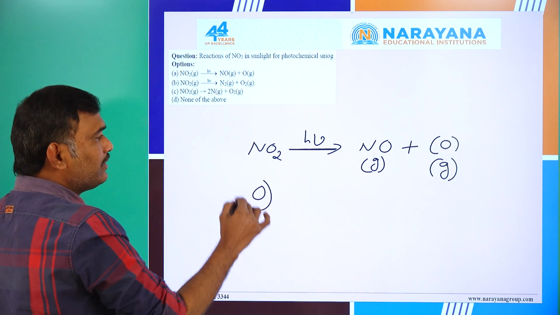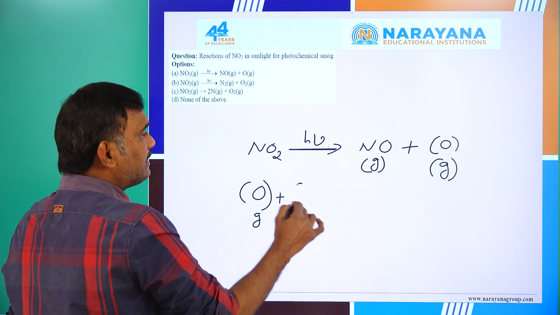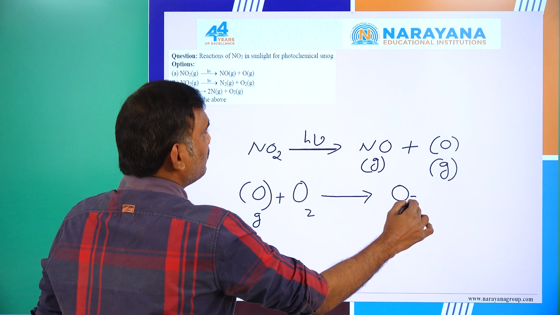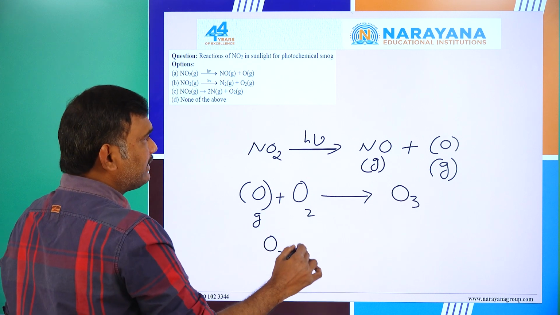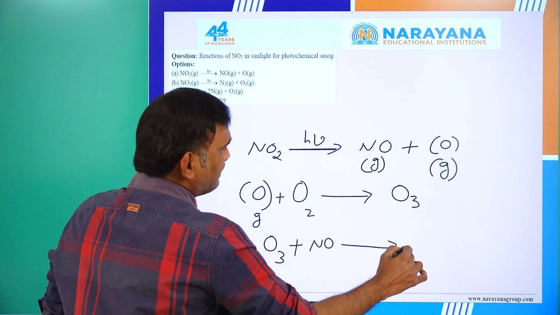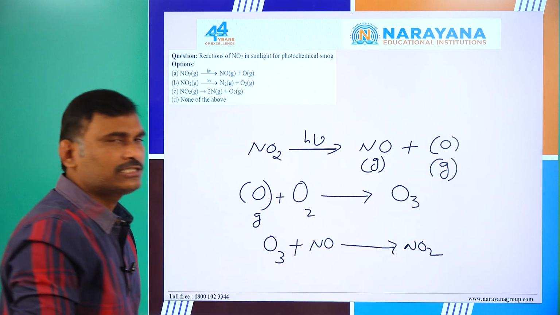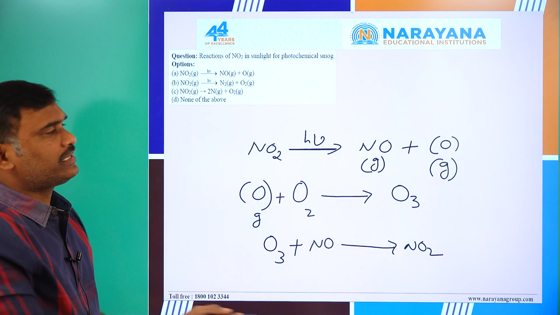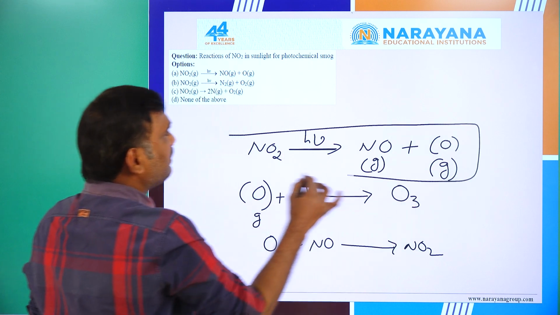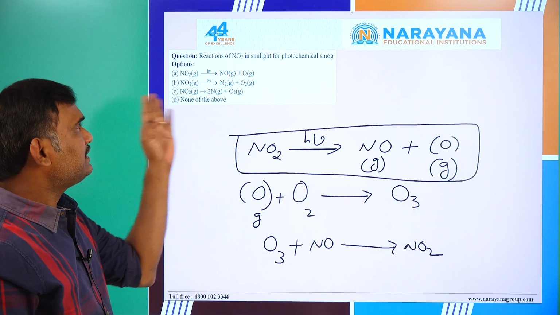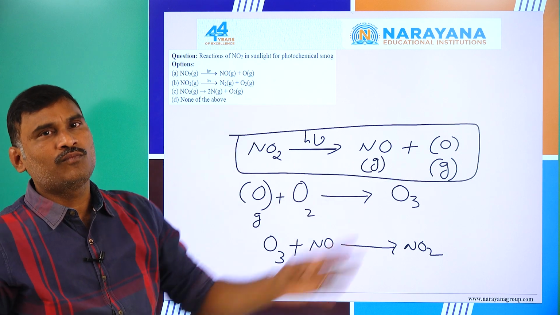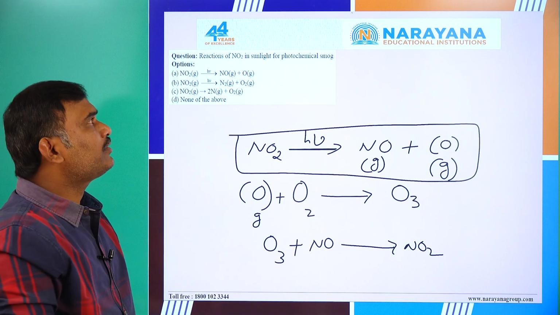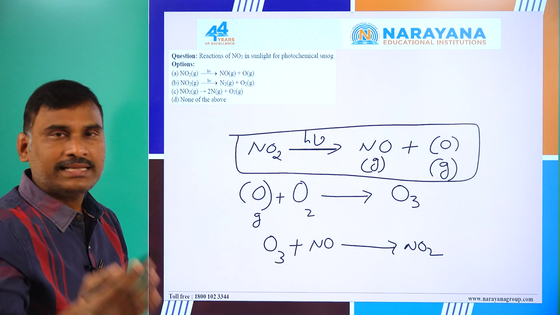Again this oxygen combines with oxygen in the atmosphere and produces ozone. Again this ozone combines with NO and becomes NO2. Like this the reaction keeps occurring. But if they ask what the reaction of NO2 in sunlight in photochemical smog is, it is that NO2 decomposes into NO and O. This takes place in the troposphere. Okay students, this is about photochemical smog. Now go for the next question, students.